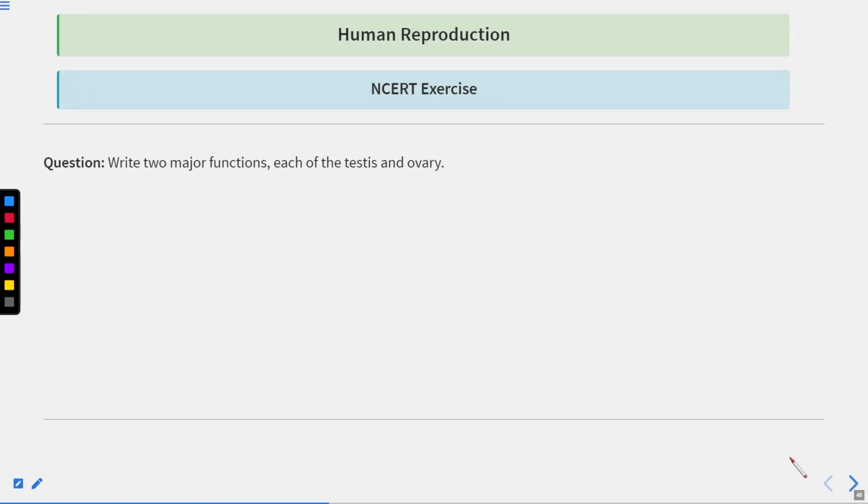What is the next question here? You have to write two major functions each of the testes and the ovary. So this is very simple. What is the function of testes and ovaries? Both of these are primary sex organs.